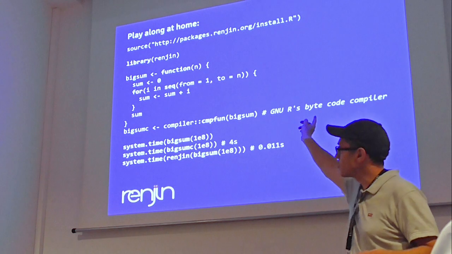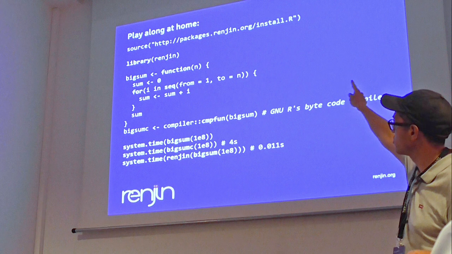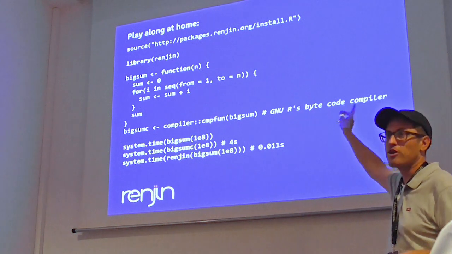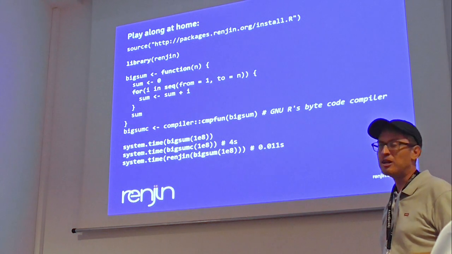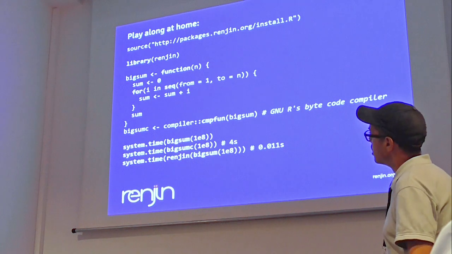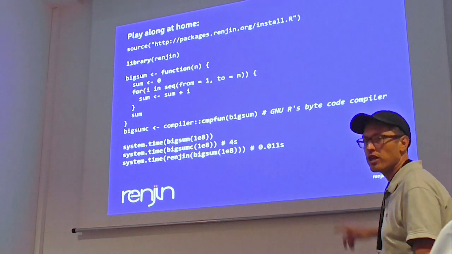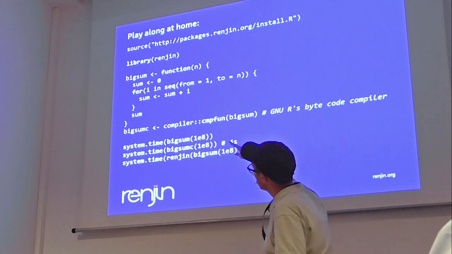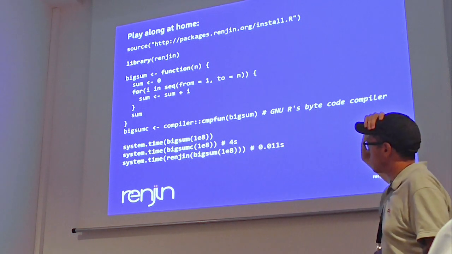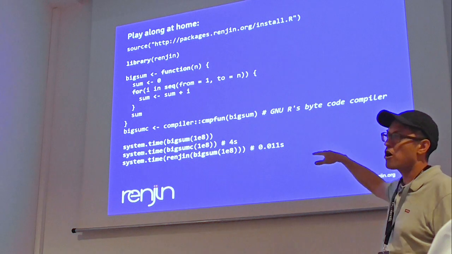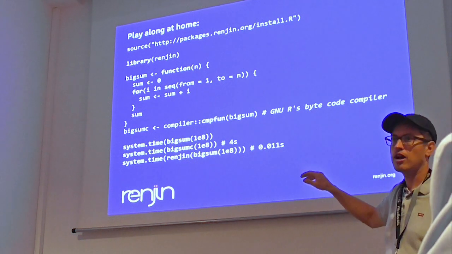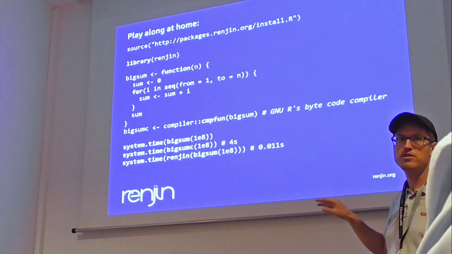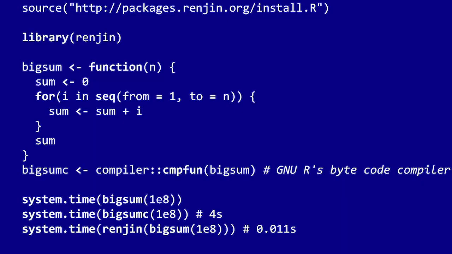You can actually open up RStudio and just source this install script if you trust our web server, and load this as a package and just run this as kind of a toy in your R session. Basically it's an optimizing compiler for R, but it's a very selective optimizing compiler. The rationale is there's a lot of code that doesn't need to be fast in R, that's doing other things.